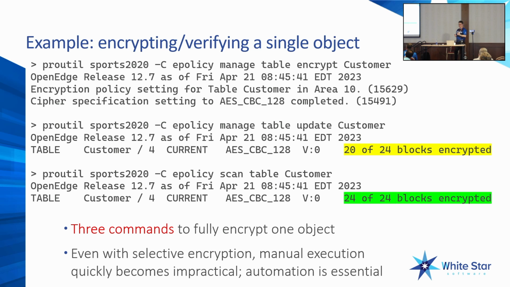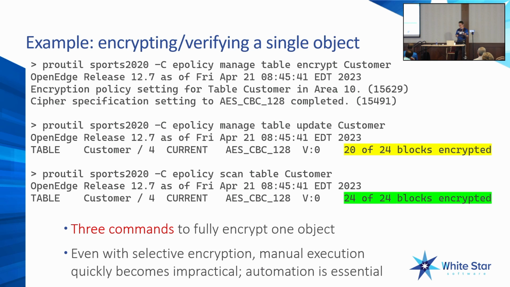So if you've got 3 commands for one object and let's say 1,000 objects you want to encrypt, you're not typing 3,000 commands at the command line. Even with 20 or 50, it quickly becomes unwieldy and you're going to want to automate. Even if you are not considering full database encryption, the techniques I'm going to talk about are still applicable, because you're going to have a similar workflow.